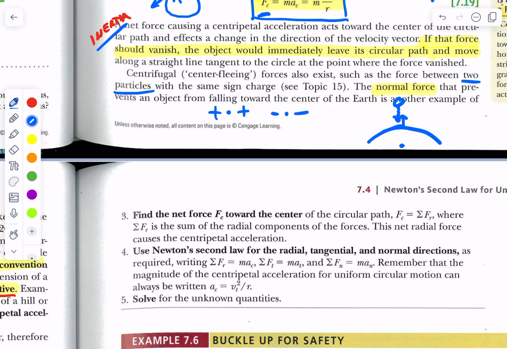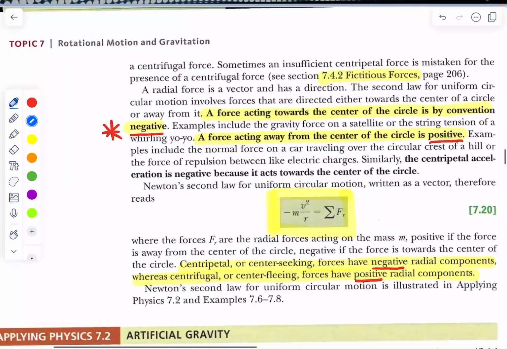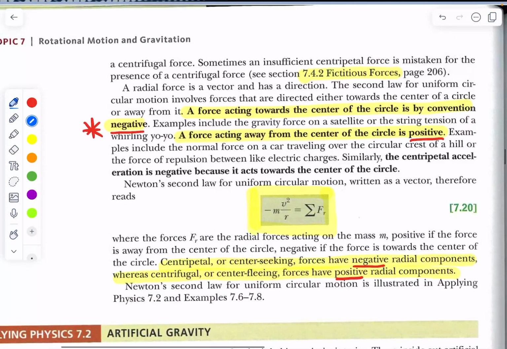But once again, this is not in the context of centripetal forces and curvilinear motion. So as far as curvilinear motion is concerned, objects moving in a curved path, centrifugal forces are fictitious. They do not exist.